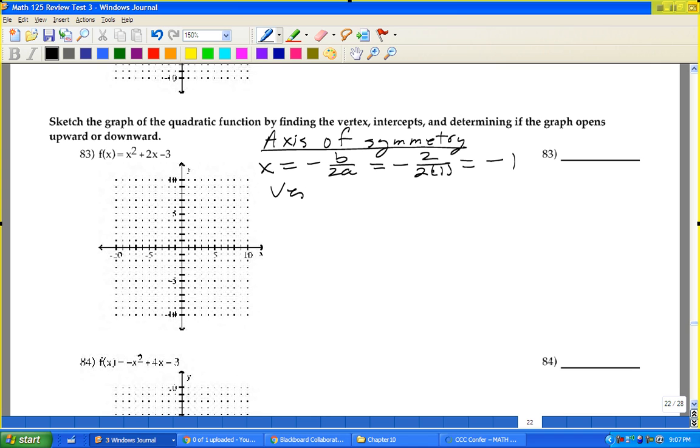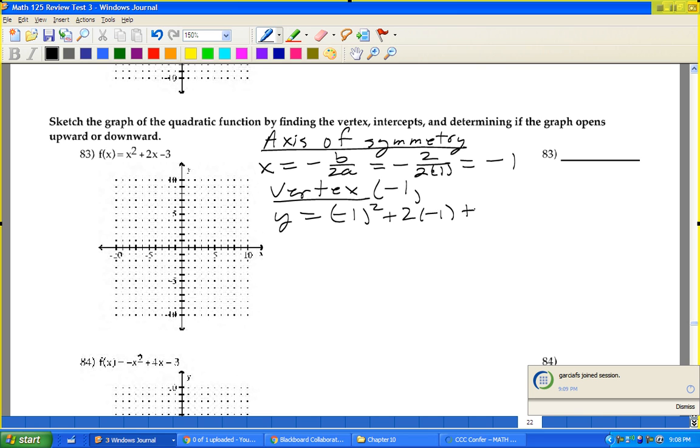So let's find the vertex. The vertex will have a coordinate of negative 1 for the x, and the y will be found by substituting negative 1 for x. And so I get negative 1 squared is 1. 2 times negative 1 is a negative 2 plus 3 is 2.